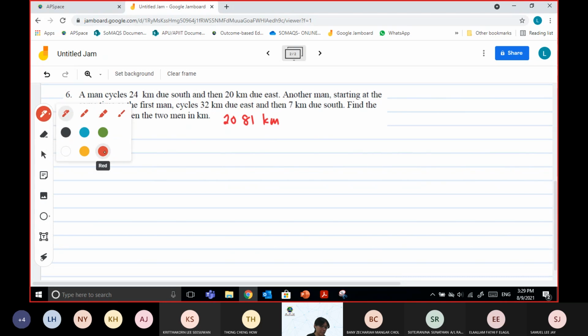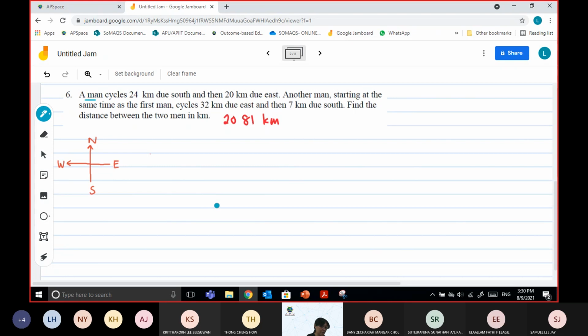Now this is a direction. This is the north, this is the south, this is the west, this is the east. Start with the first man, who cycles 24 km due south and then goes east.